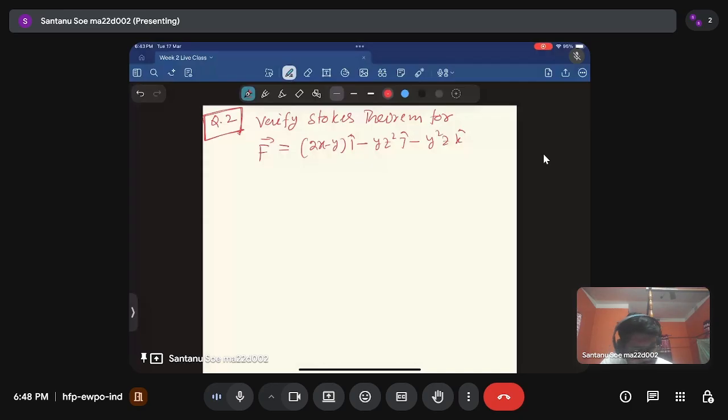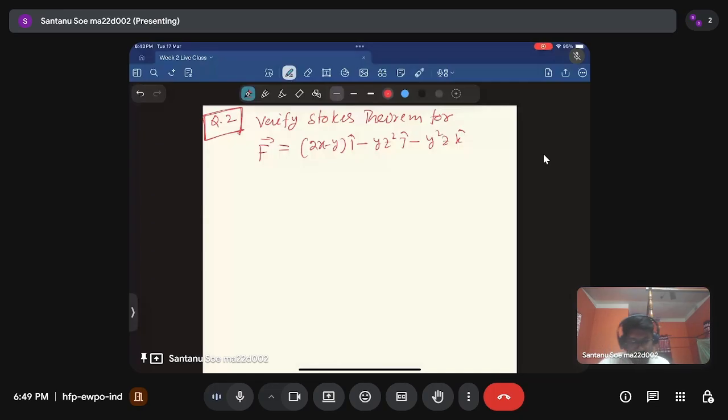Suppose S is a piecewise smooth surface bounded by a piecewise smooth simple closed curve C, and V is a vector field in which V1, V2, V3 are continuous and have continuous first order partial derivatives in some domain containing the surface S. Then the line integration over C is just the surface integration over S of curl V dot n cap, provided curl V dot n is computed, where n is taken as the outward unit normal vector to S in the direction of C. For example, if you take C in the positive direction, then you have to take n cap also in the direction of C.